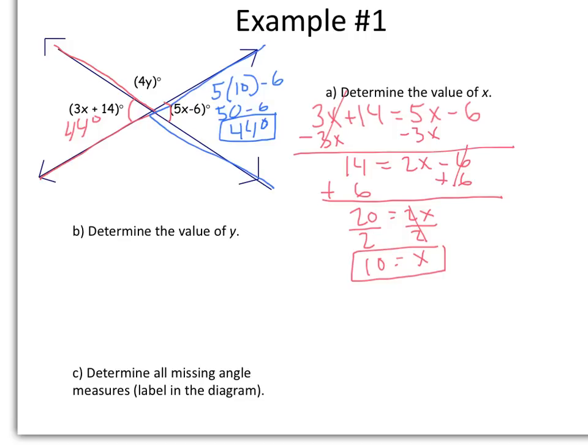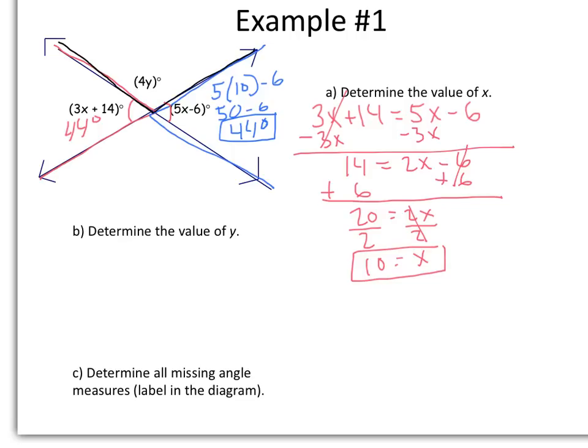The question is how is this information going to help me solve for y? I want you guys to look carefully now. Let's look at this red angle right over here. We know that that angle is one of two angles. The other angle is the 4y angle. Let me label that in black. This angle right here.